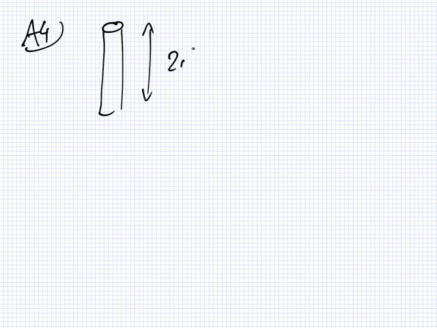A4 is about Young's modulus. You have a steel wire. Its length is 2.4 meters. Its diameter is 0.125 millimeters.